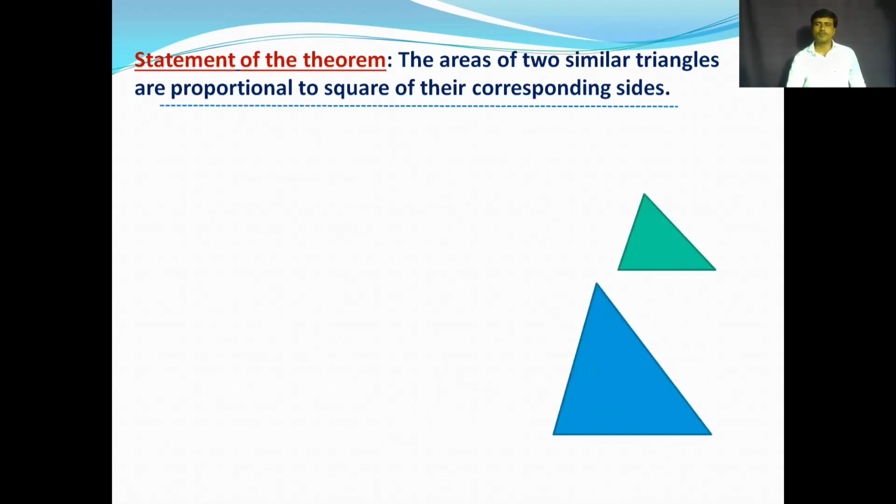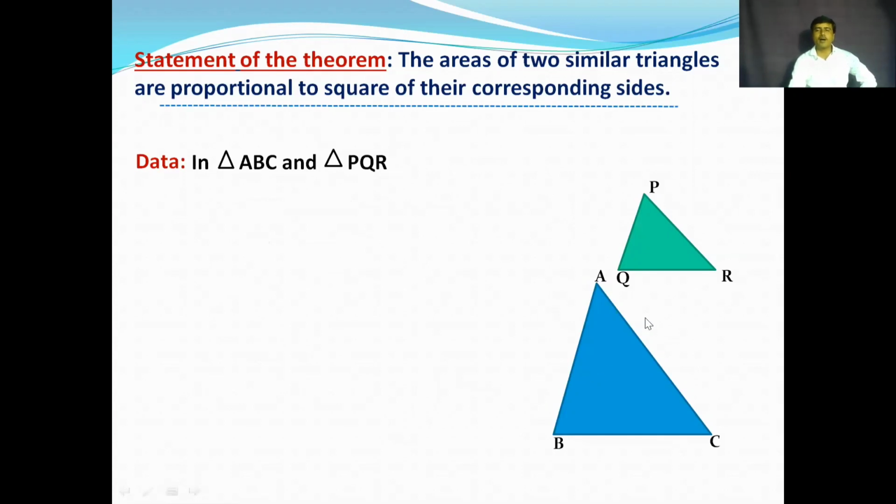Okay, here comes. We need to explain the diagram which we have drawn in our own sentence by taking the side heading as data are given. For that, give the names to these two triangles as ABC and PQR. Then in triangle ABC and triangle PQR, the statement is given as the two triangles are similar.